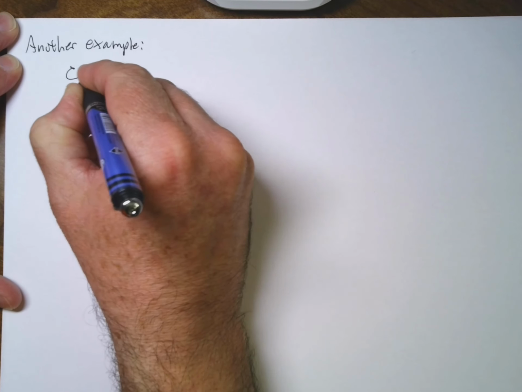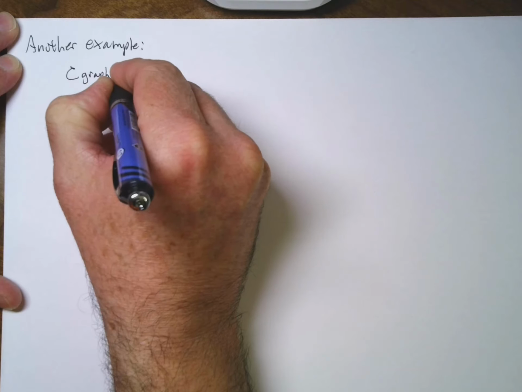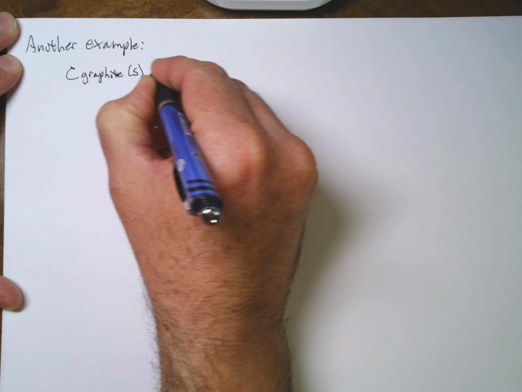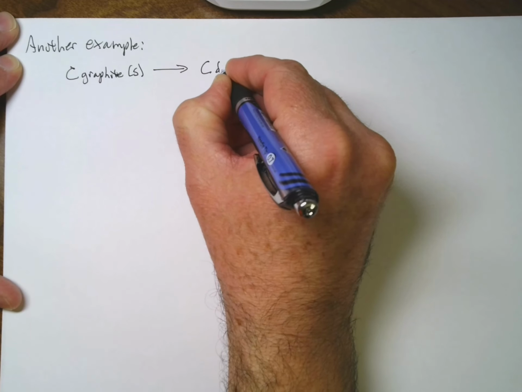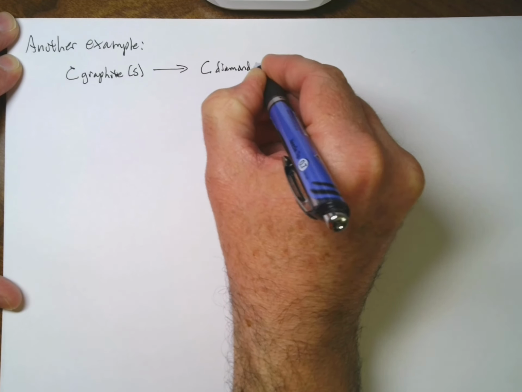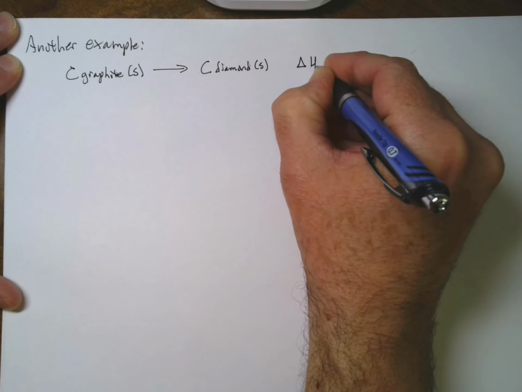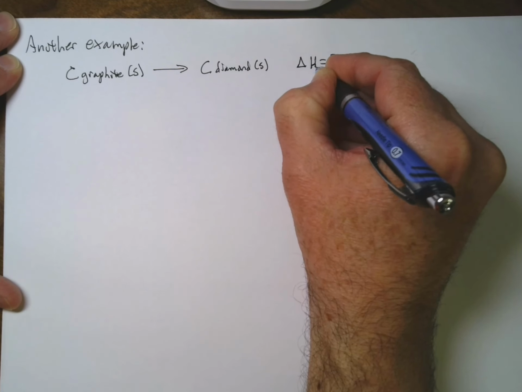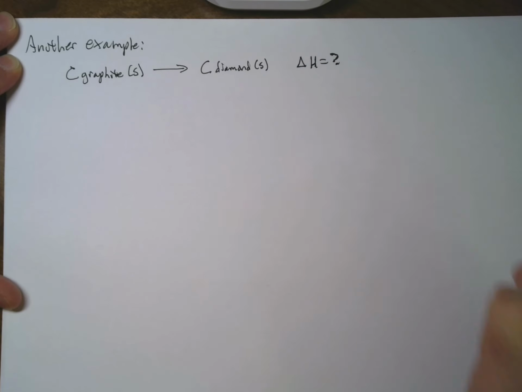So let's say we had carbon, that is graphite, that's solid, and it's reacting to form carbon diamond, that is solid. Delta H equals question mark. Now, I have a question mark here because this would be very difficult to measure.